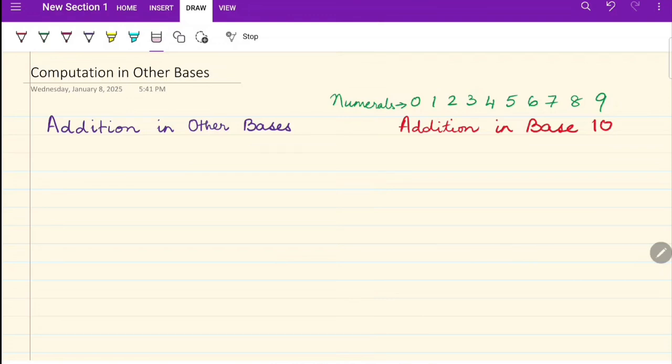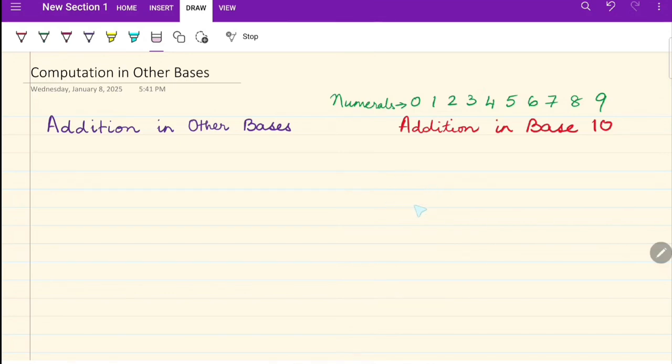But before we go into learning the process of adding in different bases, let me review the process that we use when adding in base 10. That's the one that we all work with on a daily basis, and that's kind of become second nature for us.